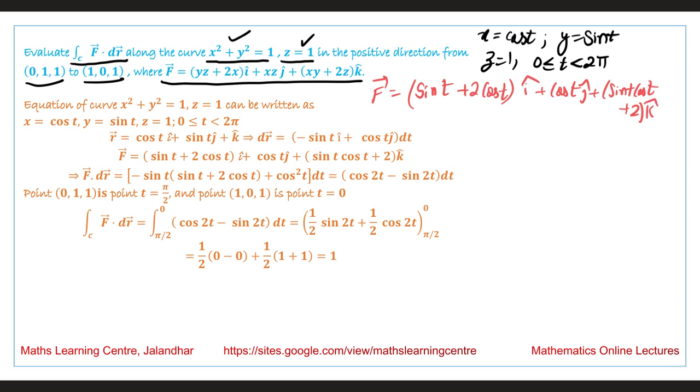This is the value of f vector. The value of r vector that we have is x equal to cos t i cap plus sin t j cap plus z is 1, so it is k cap.